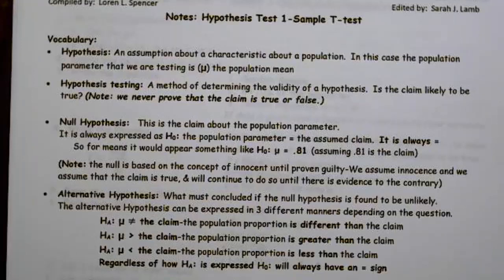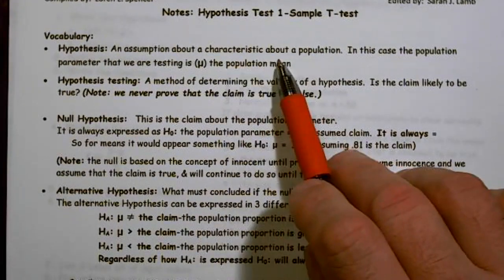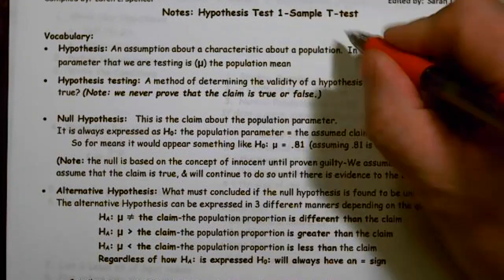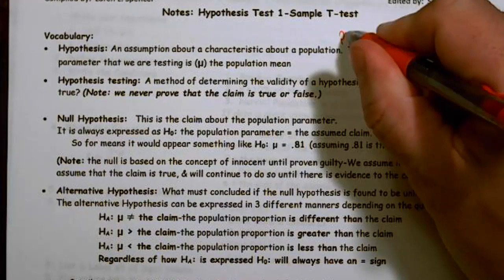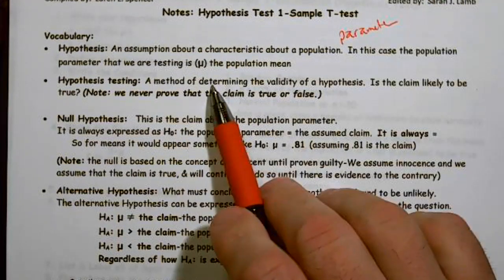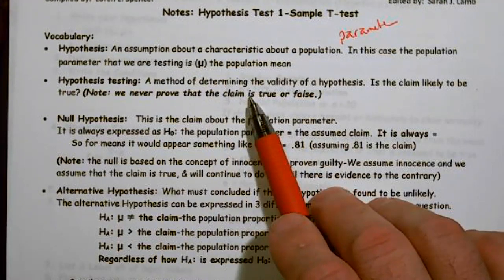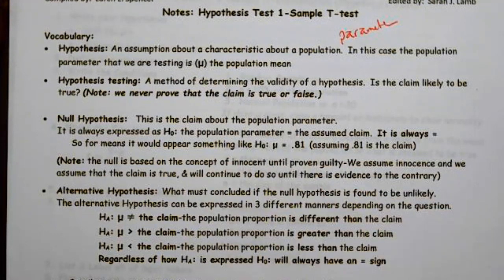So I want to do a quick vocabulary review on this. Hypothesis, as we said, is an assumption about the population, specifically the population parameter. And hypothesis testing is a method of determining the validity of the hypothesis.